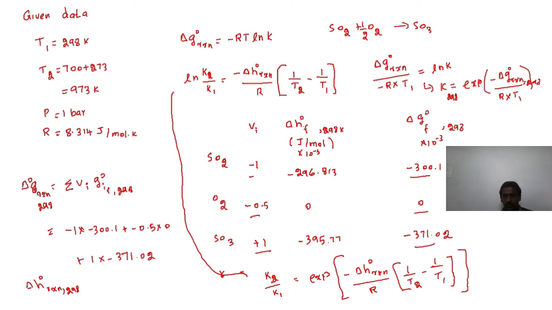And if I want to find K2, I have to cross multiply by K1 here. Let me write here multiplied by K1. Let me use Excel to solve this equation.